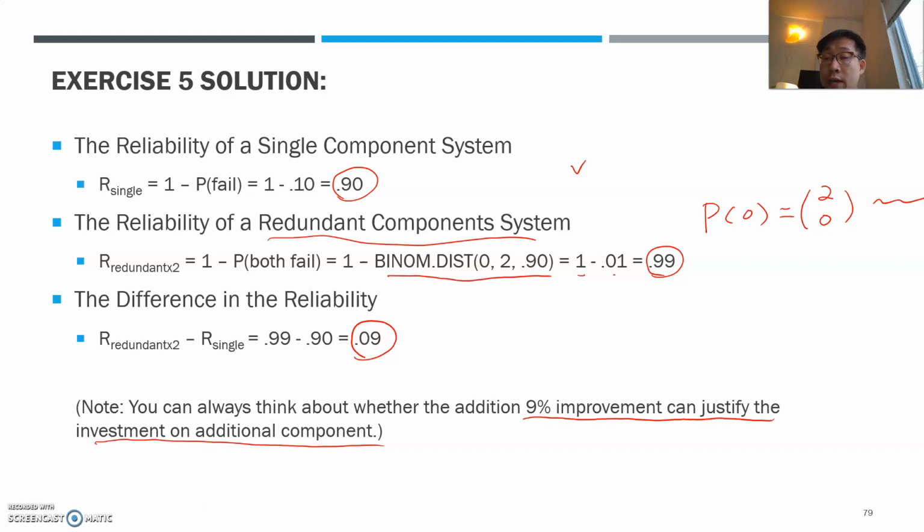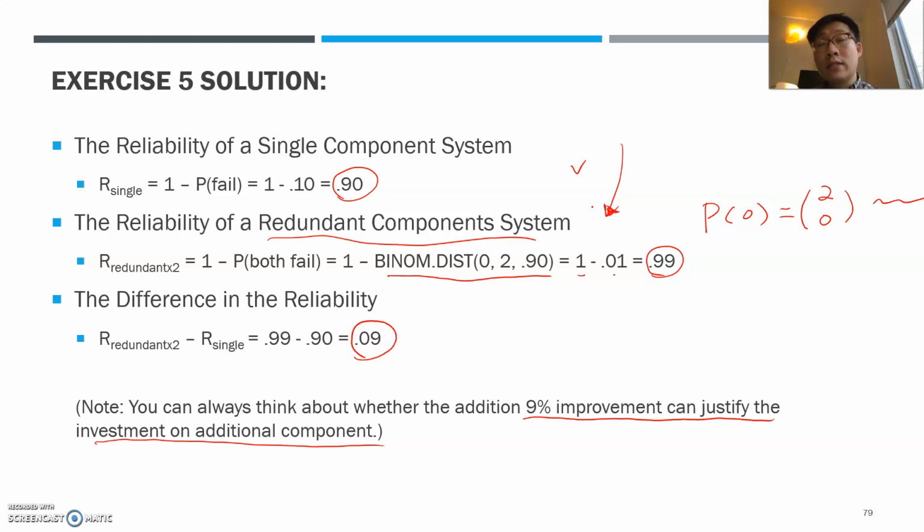But in real cases, a lot of times the 1% is usually attached to some dollar value. So for example, let's say the 9% improvement comes with a $1 million expense. Would you still want to do it? You need to consider this more from a business perspective, whether this type of system design is preferable or not.